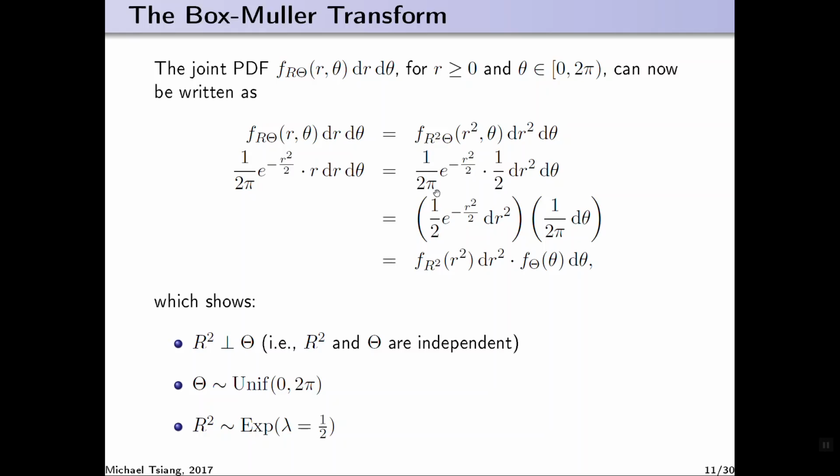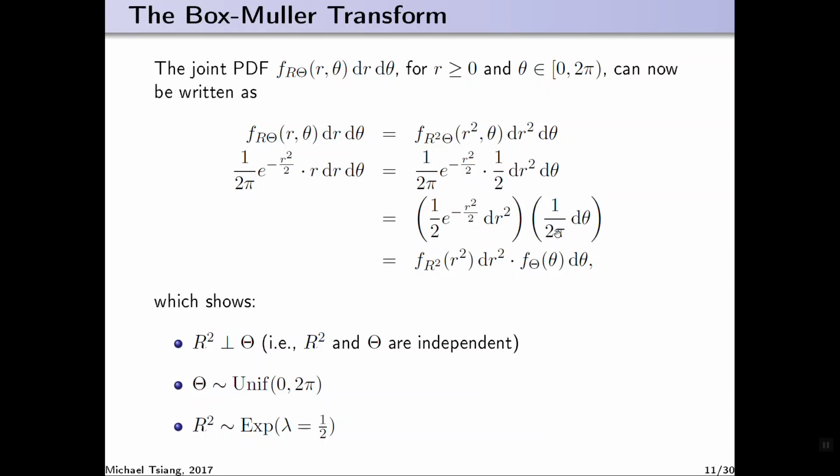Okay, so we have 1 over 2 pi e to the negative r squared over 2, and then 1/2 d r squared d theta. If we rearrange our terms, we now have 1/2 e to the negative r squared over 2 d r squared, and over here we have 1 over 2 pi d theta. Okay, all right.